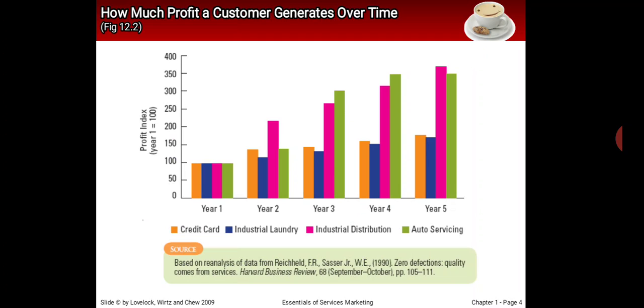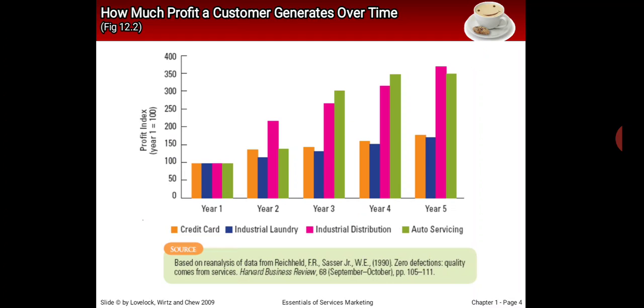In year 1, all the industries are in an equal position, while in year 2 the industrial distribution generates higher profit in comparison to the other three. In the third year, auto services is on a peak, and industrial distribution is also on a peak in comparison to the other both.